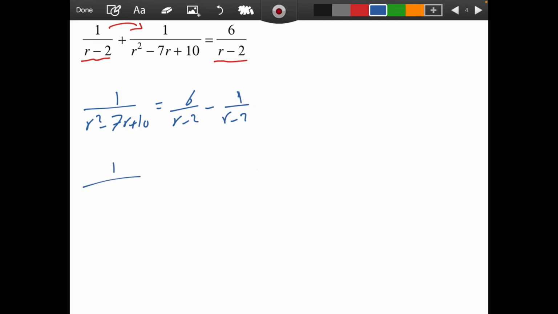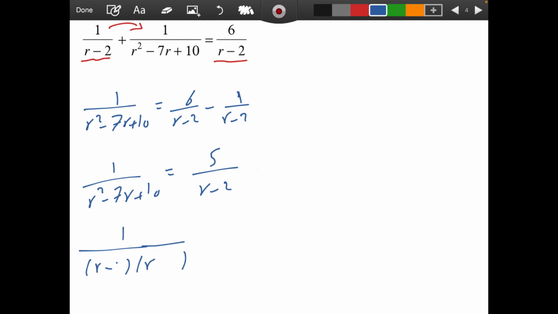So 1 divided by r squared minus 7r plus 10 is equal, they have the same denominator, r minus 2, 6 minus 1 is 5. Factoring, because we have a quadratic, r and r, and the two numbers are -2 and -5, is equal to the other side, 5 divided by r minus 2.